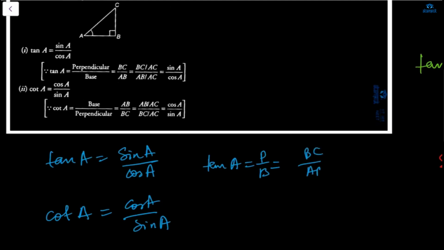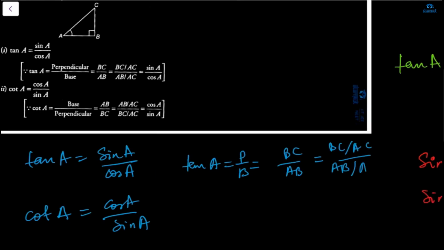In both you can divide by AC. Now, BC is your perpendicular and AC is your hypotenuse. Let me draw again: A, B, C. So this is perpendicular, this is base, this is hypotenuse.